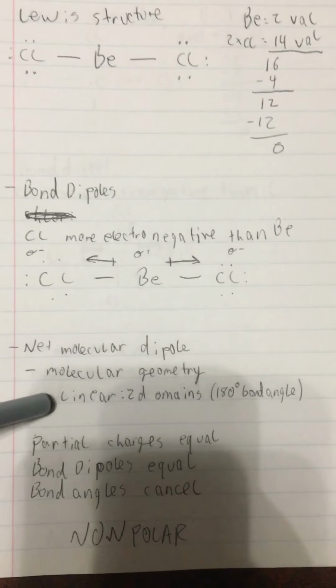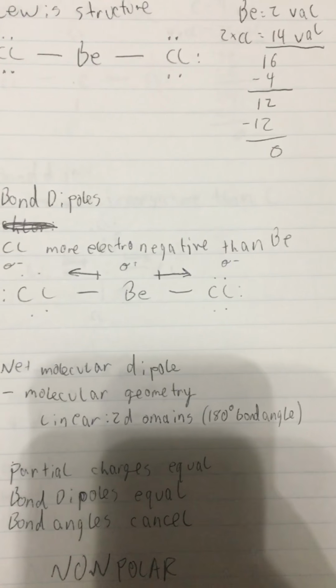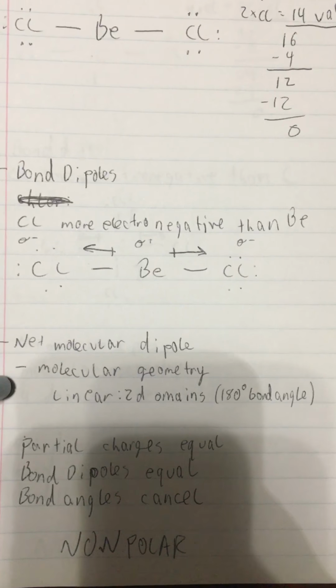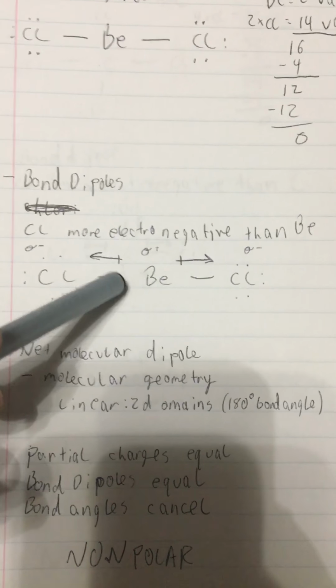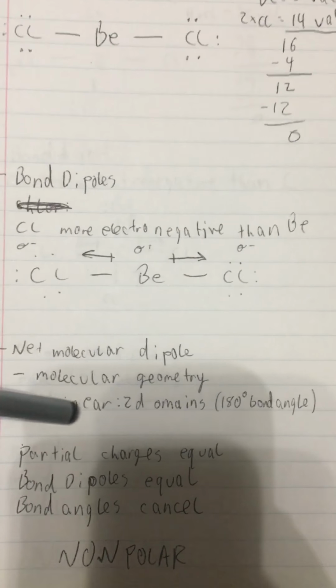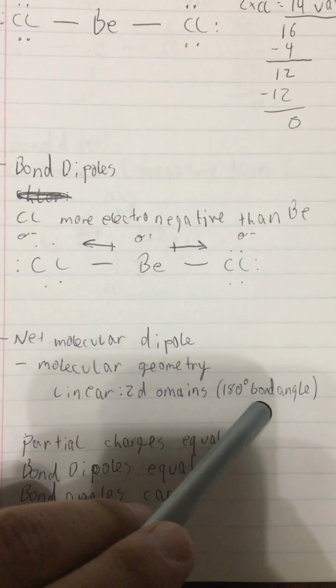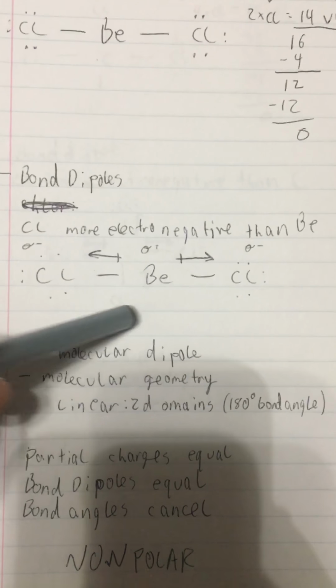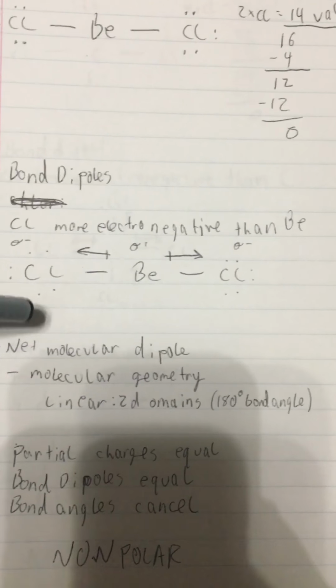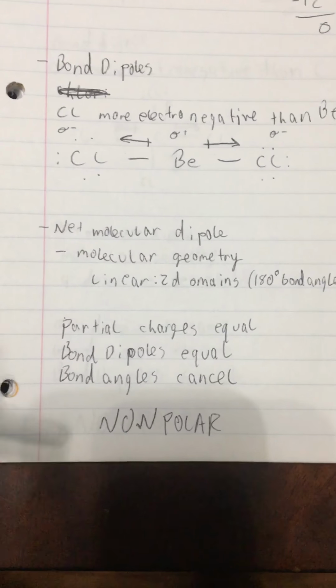The molecular geometry and the electron domain geometry are the same, since there are no lone pairs. It is linear with 2 domains and a 180-degree bond angle. Since the bond angle is equal and the 2 domains are the same, BeCl2 is nonpolar.